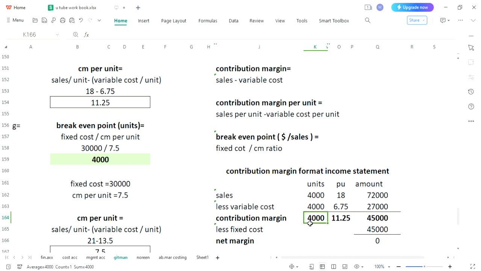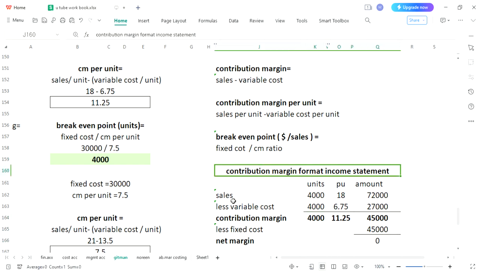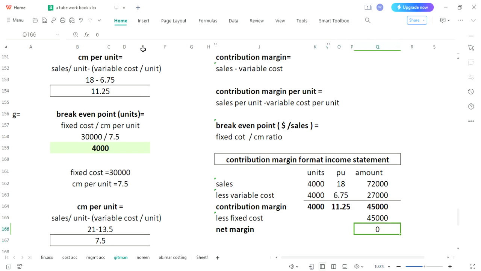So here you can see that for firm F, we have proved it that if firm F is manufacturing 4,000 units, it would be at a stage where there will not be any profit or there will not be any loss. For firm F, we have proved it, and it is requested to please prove for G and H firm as well when you get time. And in this way we have completed our question.